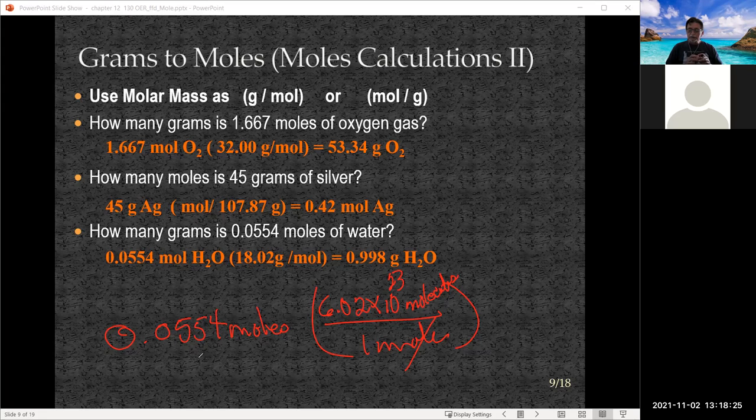Okay, almost 1/18 of a mole, right? Because we know that the molar mass of water is 18 grams. We're calculating here about almost 1 gram, so it's about 1/18 of a mole. And so it's a small amount, mole-wise, small amount volume-wise, but a ton of actual molecules.